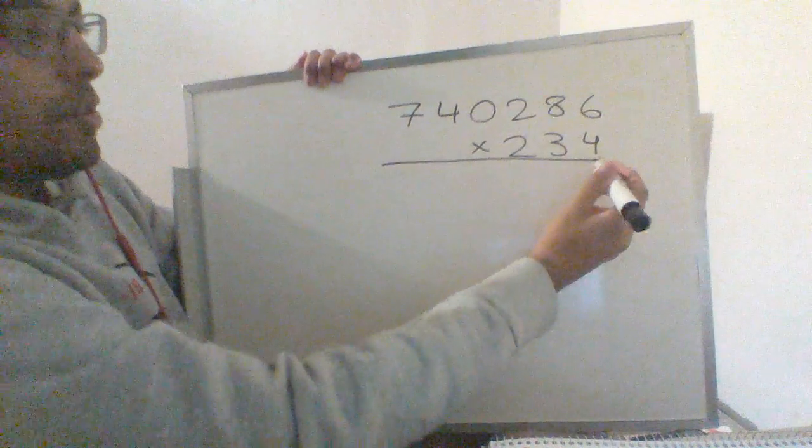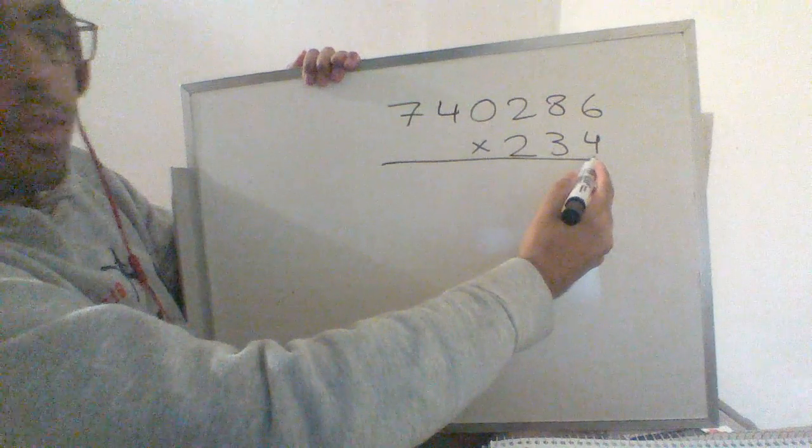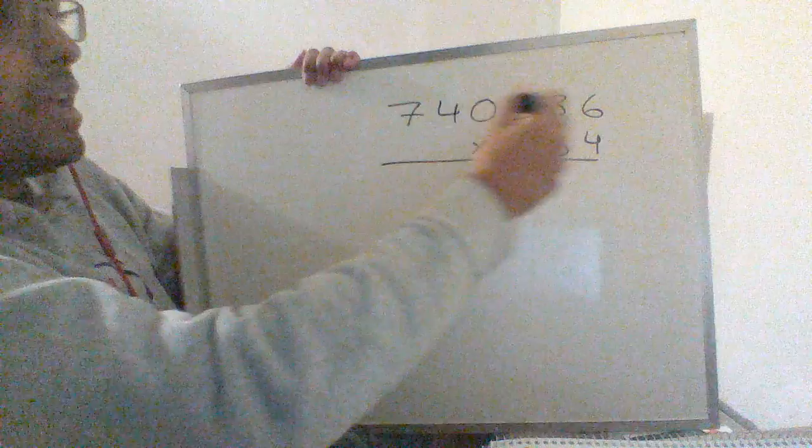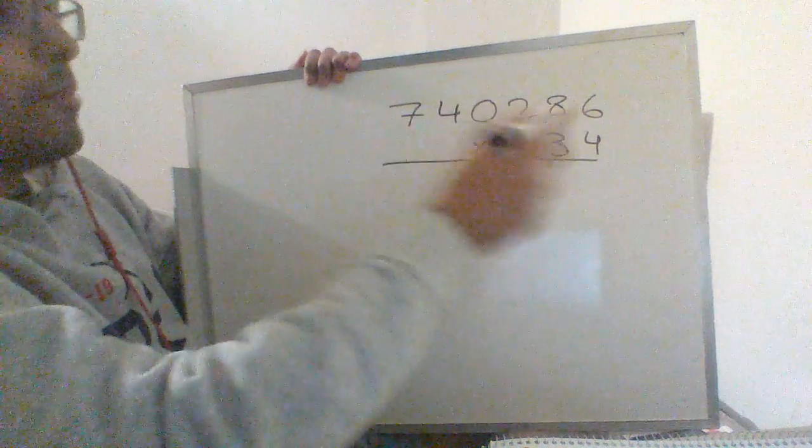So let's begin. We always start with the digit in the units place, in the ones place here, and we're just going to multiply it by everything in the top row, one at a time, right to left.